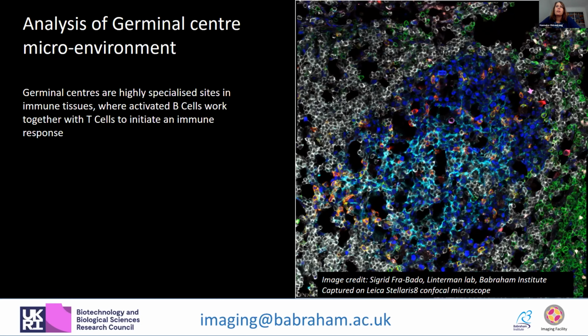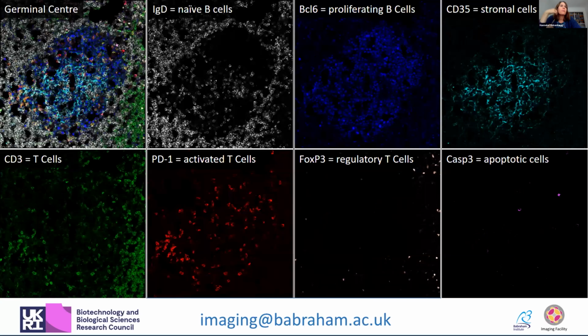So there are different cell types that are in very specialized locations. So this image was a 7-channel confocal image captured on our Leica Stellaris confocal microscope by Sigrid Frabado in the Lintemann lab. And so the Lintemann lab looks at these germinal centers.